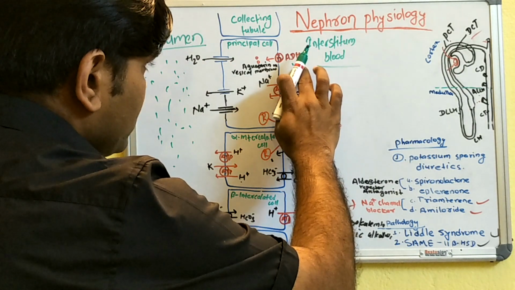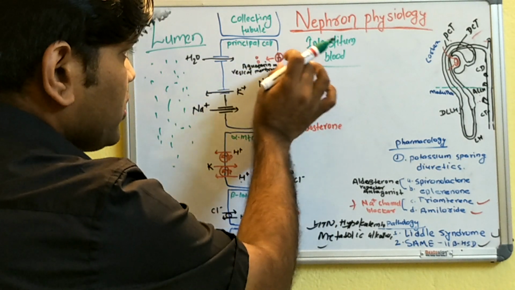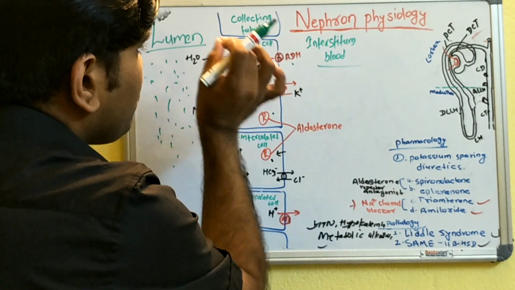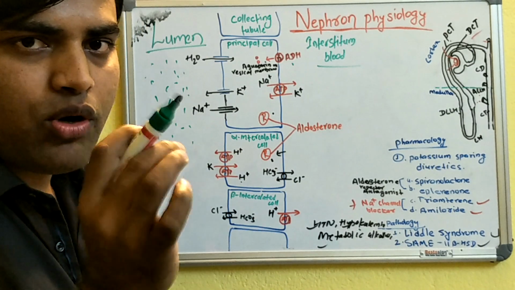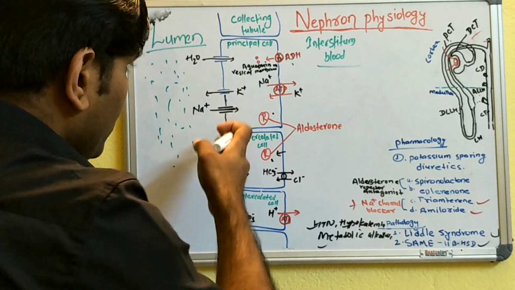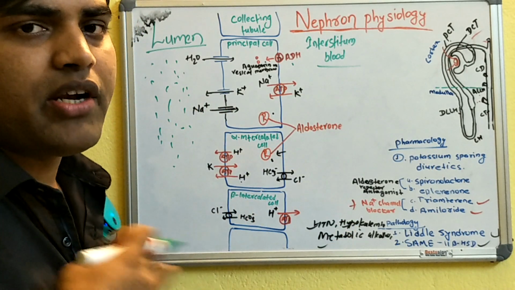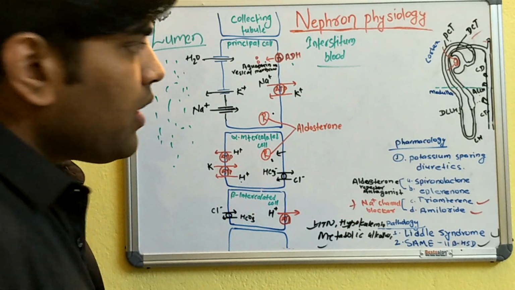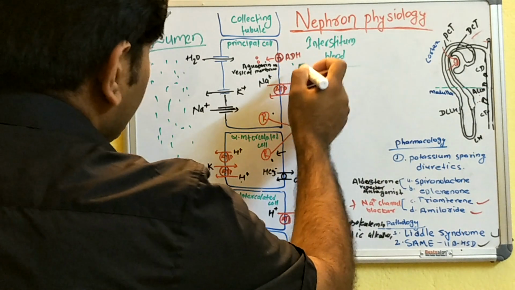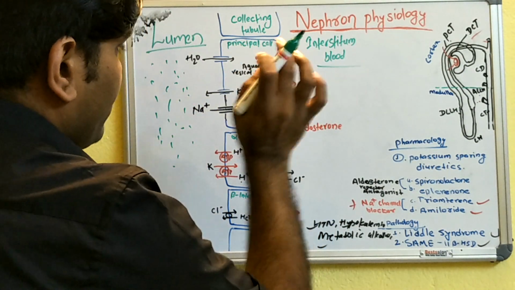If ADH is secreted, it creates a pore, a water channel called aquaporin, in the collecting tubules, through which water gets absorbed and maintains the osmolarity. So water absorption occurs only in the presence of ADH.